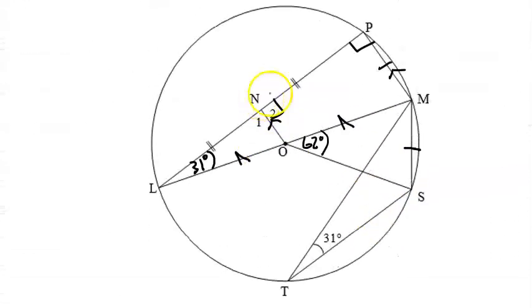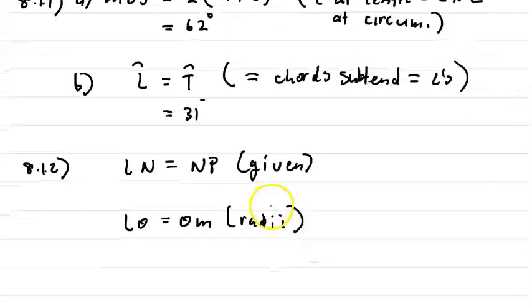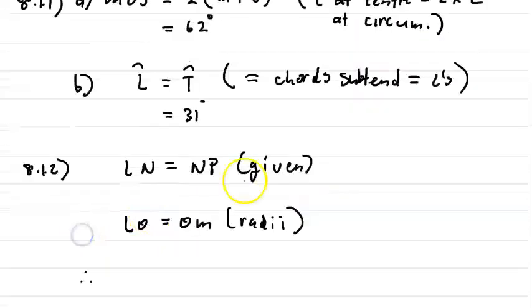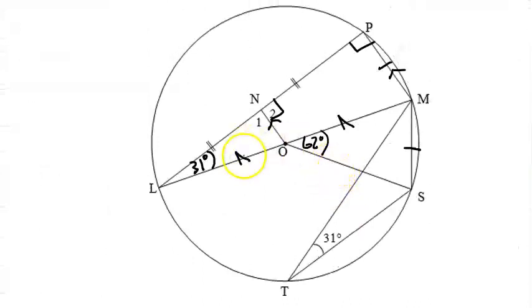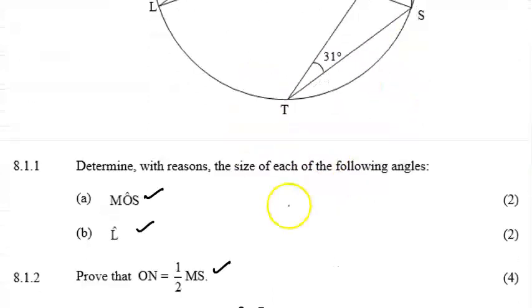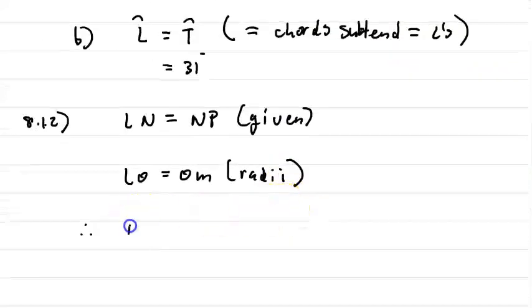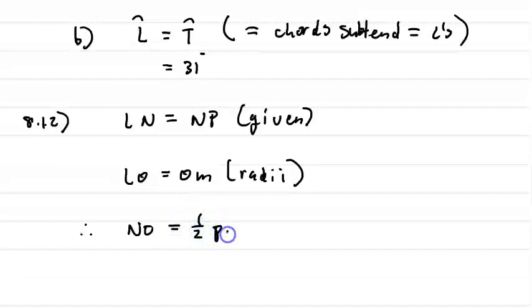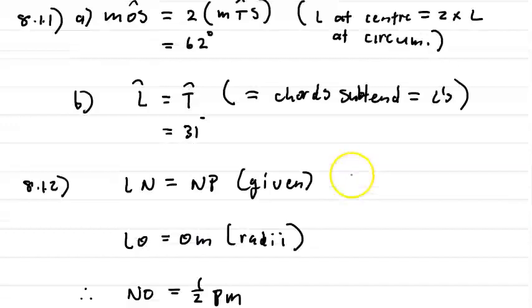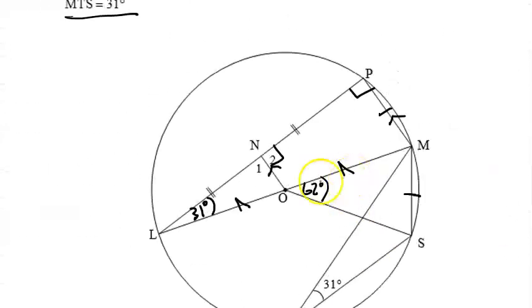And now we've got the midpoint theorem, so we'll say, therefore, what can we conclude? Well, now we can conclude that NO is equal to half of PM. Now, we could have also been asked to prove that NO is parallel to PM.